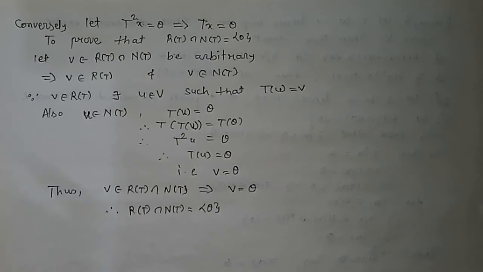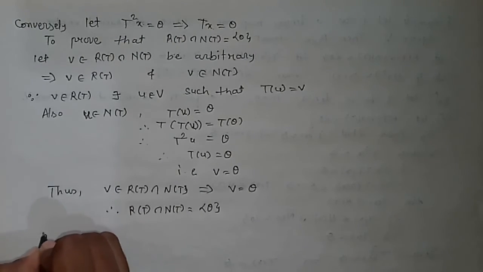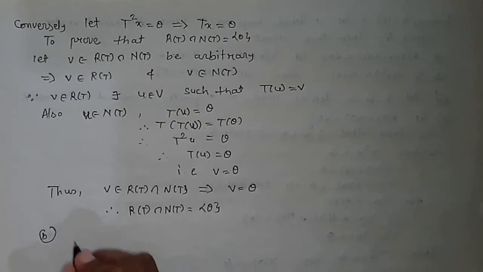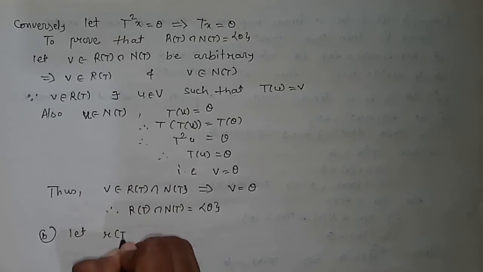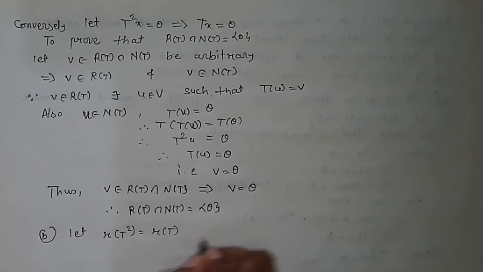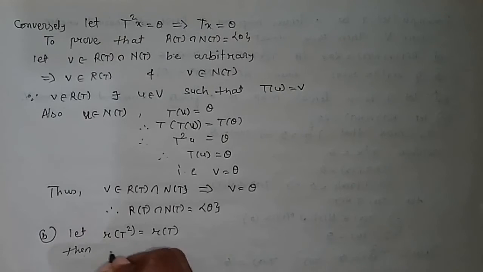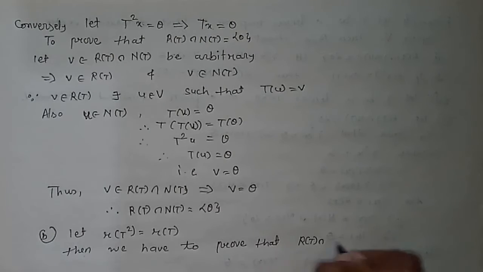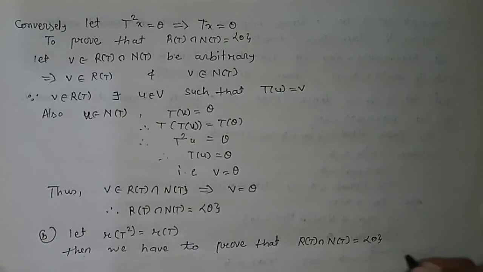Now for the second one, let rank of T square be equal to rank of T. Then we have to prove that R of T intersection N of T is equal to the theta element, or zero element.